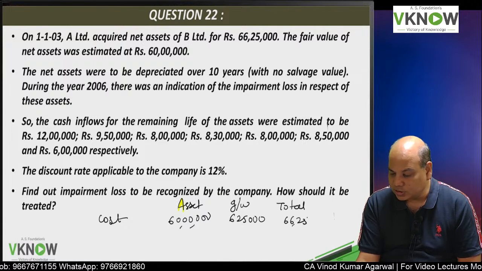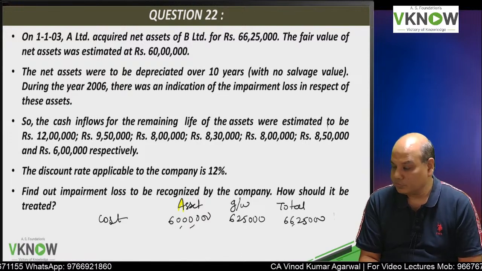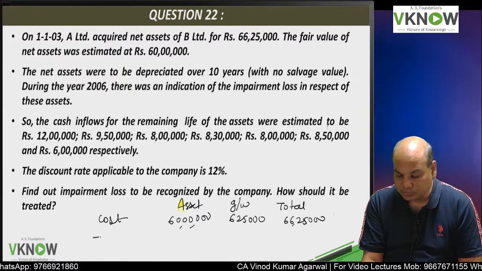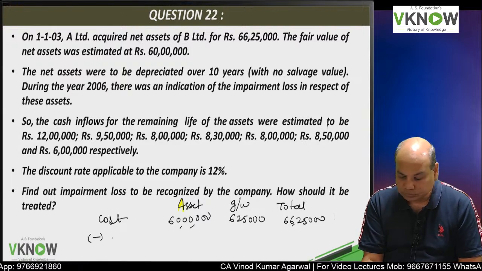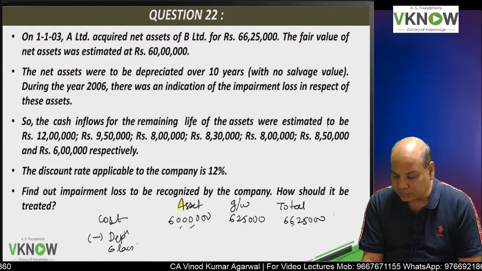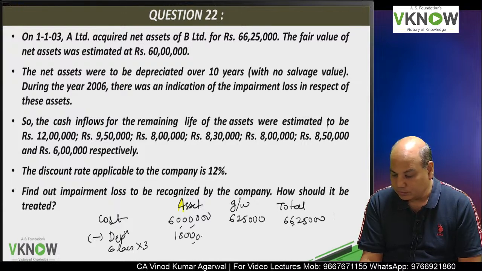Total 66,25,000. I have given the answer in the book, so please tick mark it. As homework, write it in the notebook. Less depreciation: on this asset we provide depreciation of 6 lakhs into 3 years, that is 18 lakh.